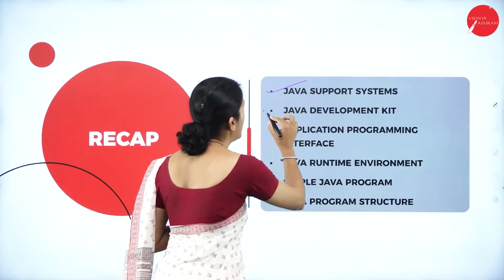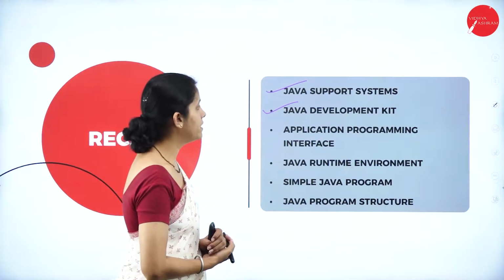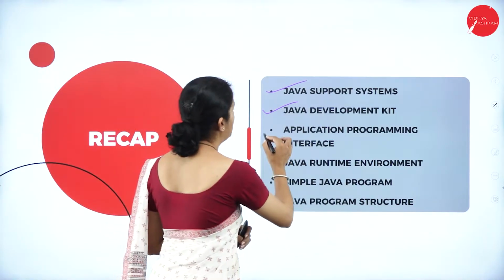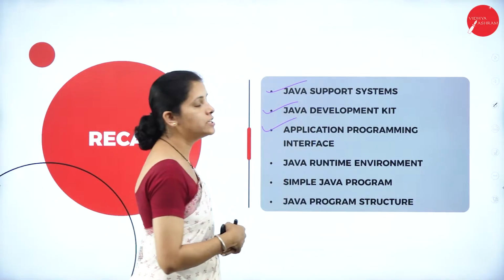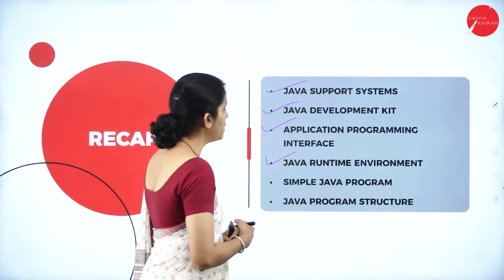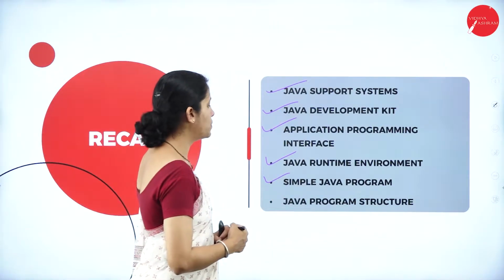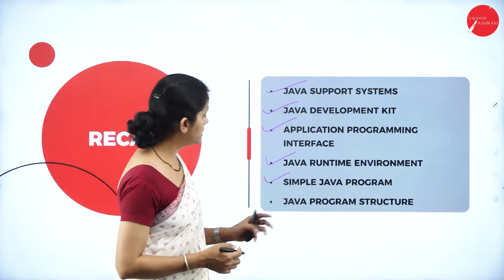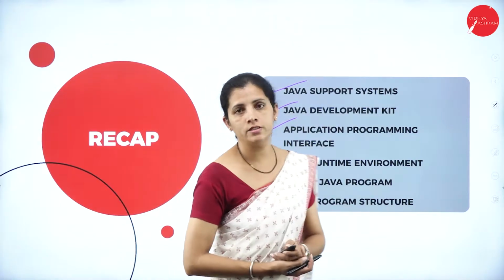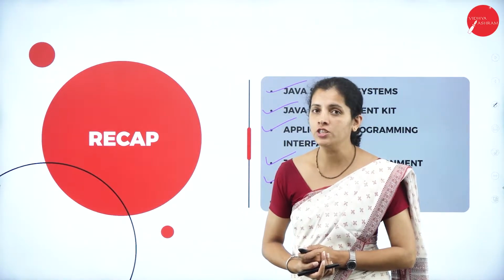Along with that, I discussed JDK, that is Java Development Kit, the application program interface, the Java runtime environment and a simple Java program. Along with that, I discussed the Java program structure. So these are the topics I discussed in my last session.